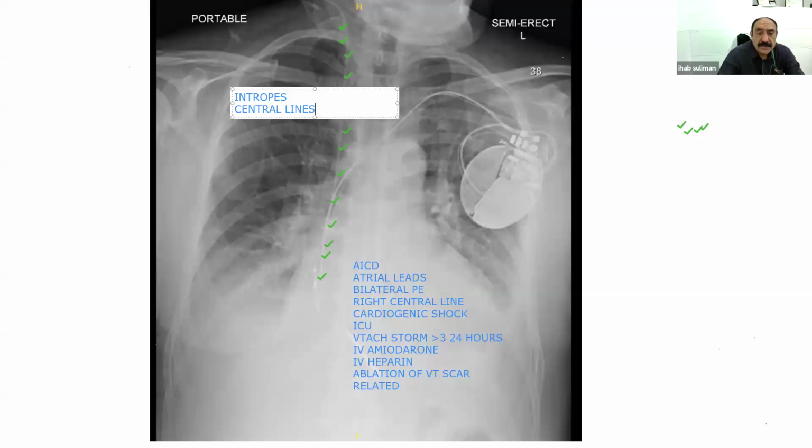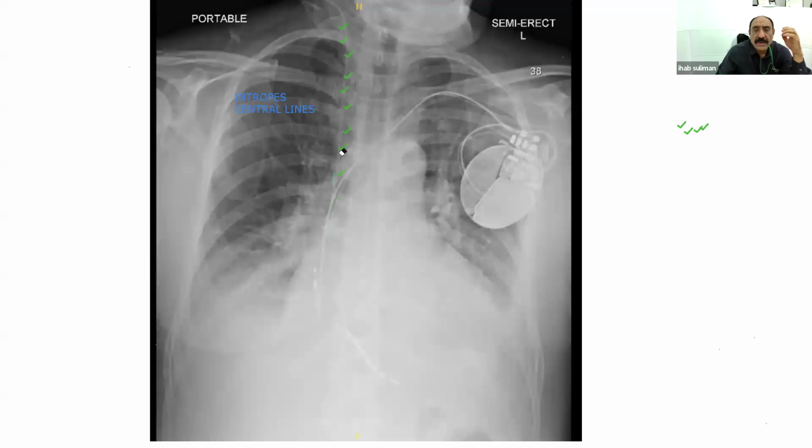It is usually better to put it in the jugular rather than femoral because this area is less amenable to infection, but it could be risky for pneumothorax. So it is important when you put a central line to do a chest X-ray immediately to exclude pneumothorax as a sort of safety after putting a central line.